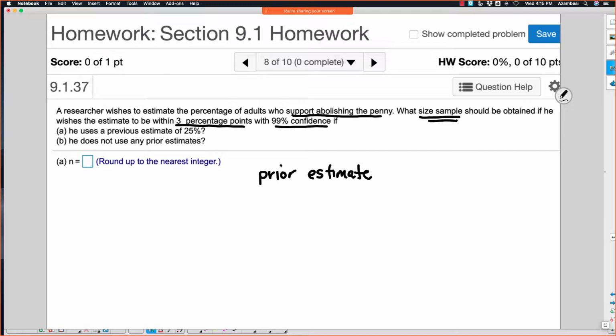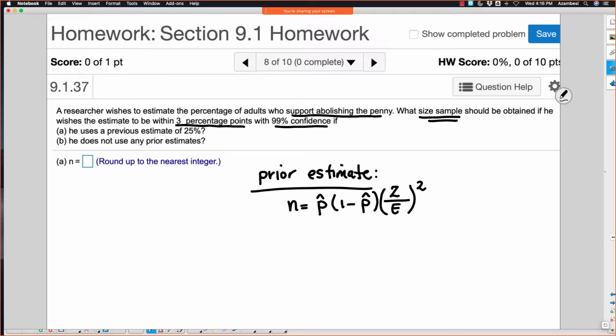So if we have a prior estimate, then n is equal to p, whatever that prior estimate is, times 1 minus p times whatever our z-score is for 99%, divided by our margin of error squared. It's just that last piece that's squared, but this is our actual calculation formula for it.